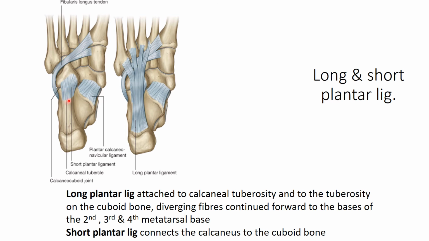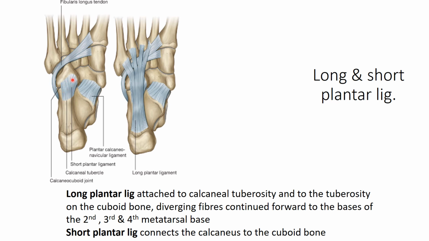Now this short plantar ligament is attached to the adjacent concavity of the calcaneus and the cuboid bone. So it is attached to the anterior tubercle and the concavity just anterior to it, and from here the fibers run distally and are attached to the tubercle and the concavity just posterior to it on the cuboid bone.